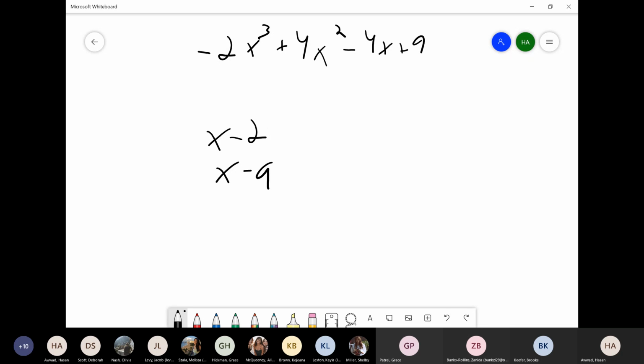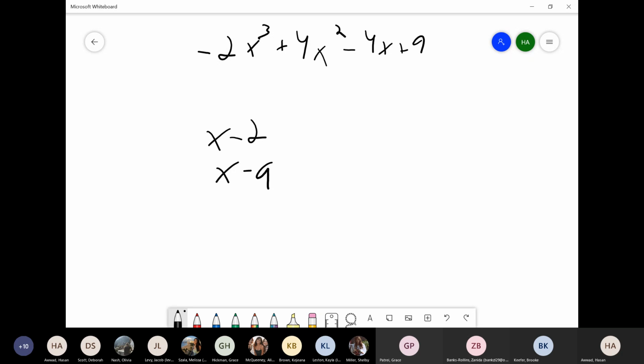So we know that for factor theorem, for remainder theorem, and for synthetic division, you need it in the form of x minus a, which was given to us in the prompt to prove that x minus 2 is not a factor. To prove that, we're going to use factor theorem and show that we get a number that's not 0. Remember that the way factor theorem works is that if we plug our number into our larger polynomial and we get a 0 back, we've shown that it is a factor.